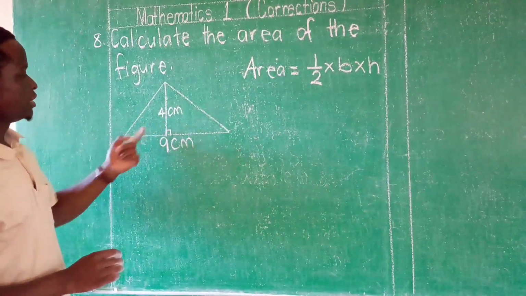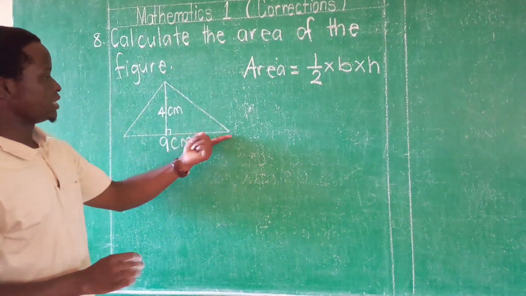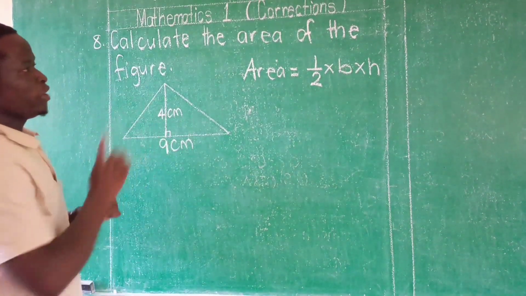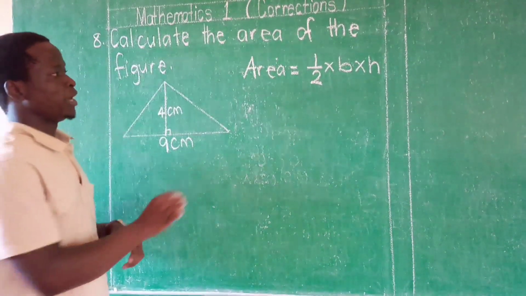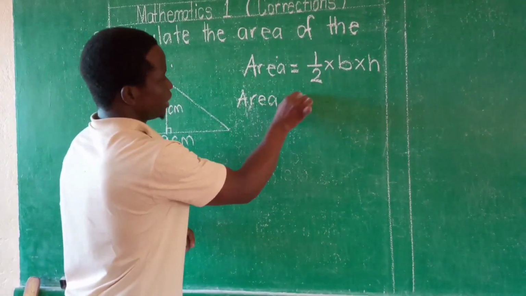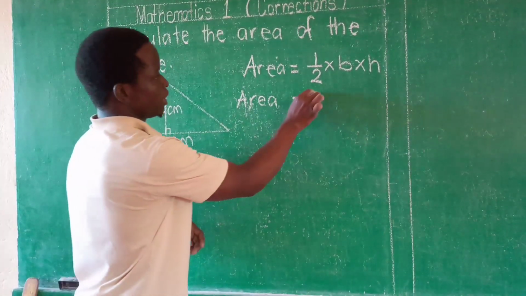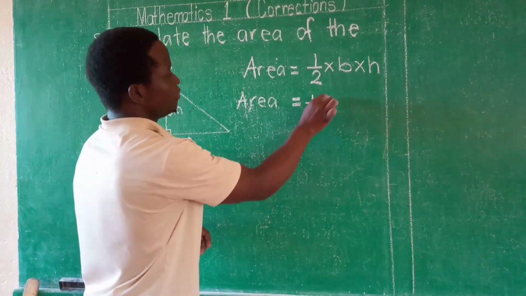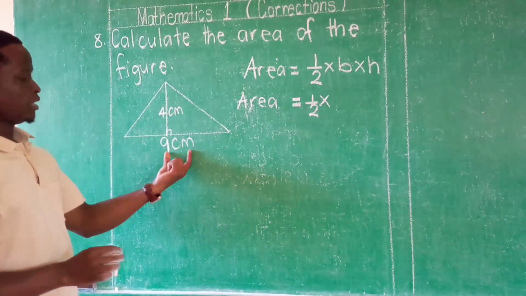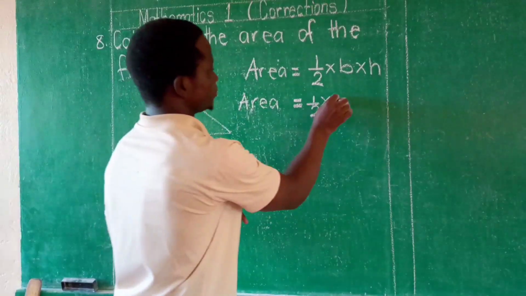This is our height, and this flat bottom line is our base. Now we go and substitute into our formula. We have it that the area of our triangle is equal to a half times, the base is 9 centimeters.